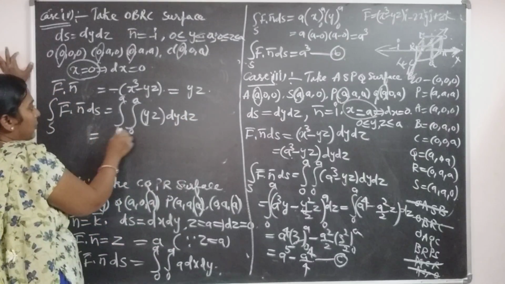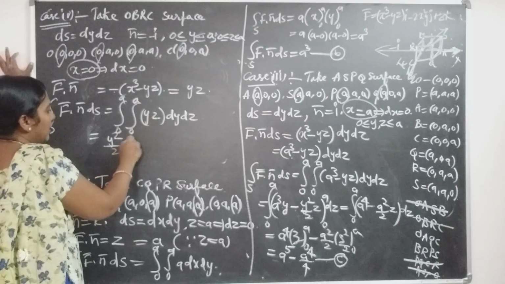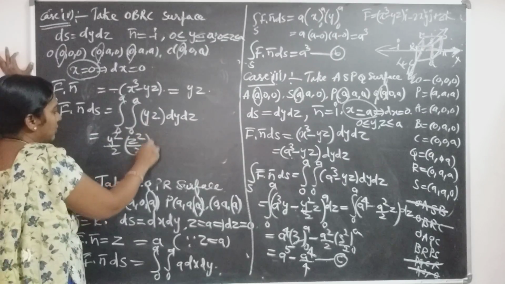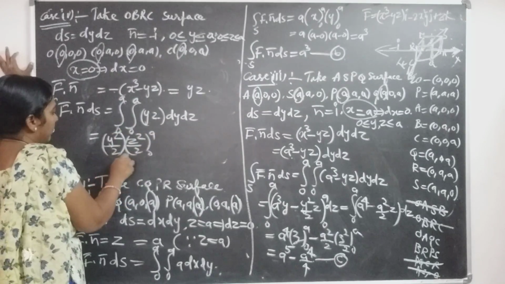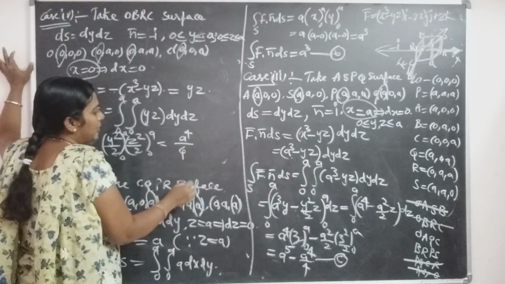That is equal to, for the y variable integration, y squared by 2, and for the z variable integration, z squared by 2, limits from 0 to a. Then 2 times 2 is 4, a squared into a squared, a to the power of 4 by 4.